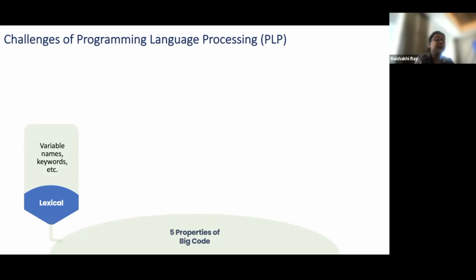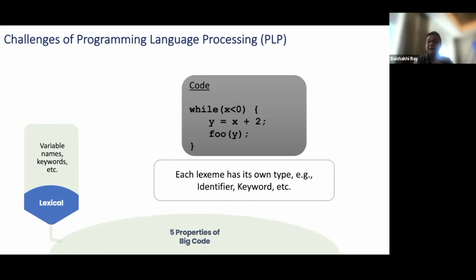So first of all, there are some lexical properties. We know the code has variable names, it has keywords, operators, and then identifiers, things like that. As you see, identifiers are also open vocabulary.